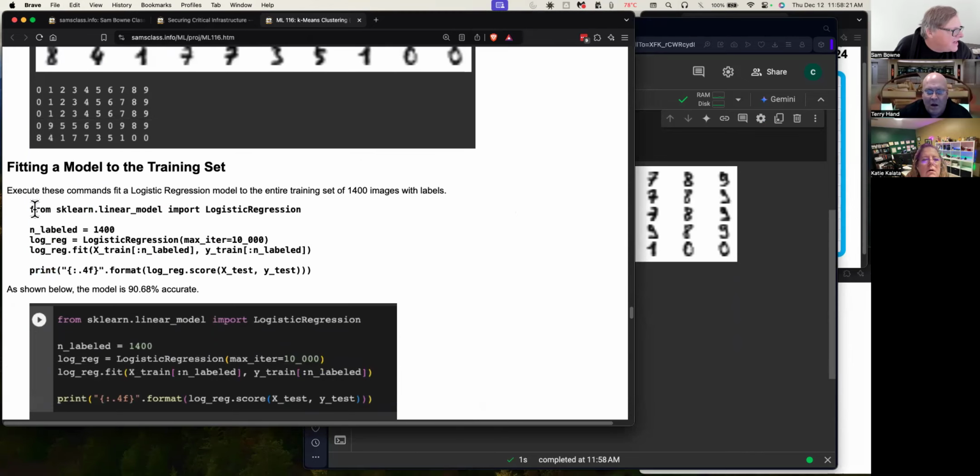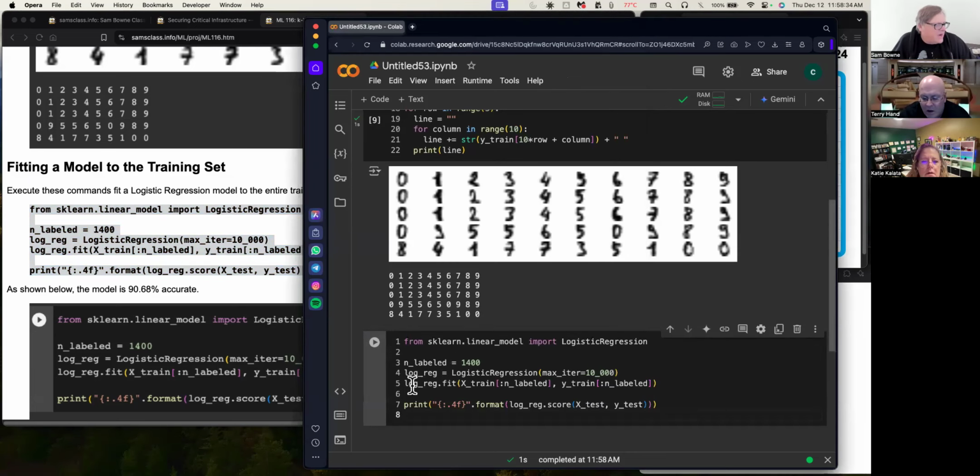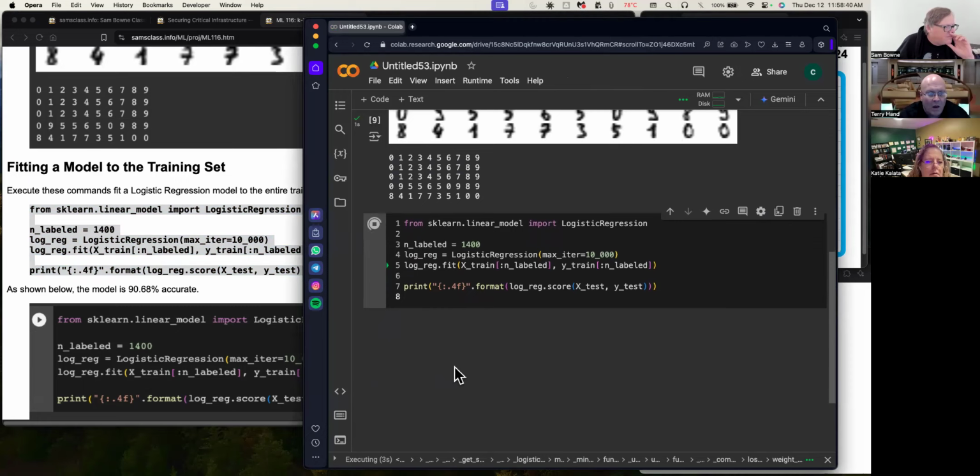This is going to be a logistic regression model with the entire training set of 1,400 images. Okay, so it's 90.6% accurate when I train it on 1,400 labeled instances.